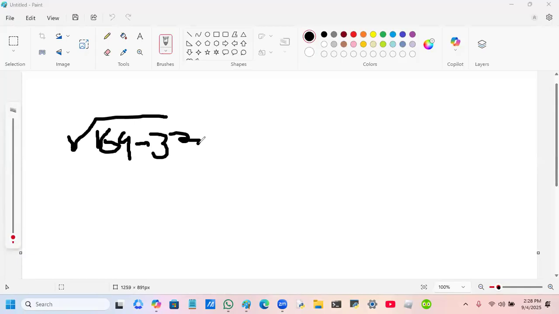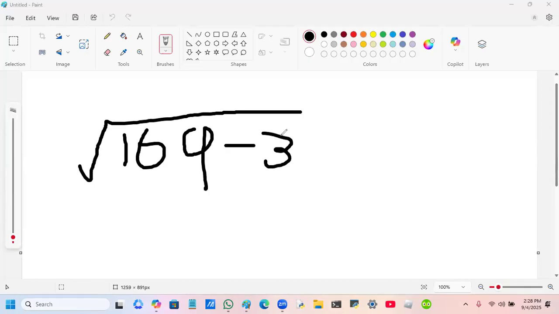Hello? It is always 169. Is the square root not only over 169? No. So that square root has to be only over 169.